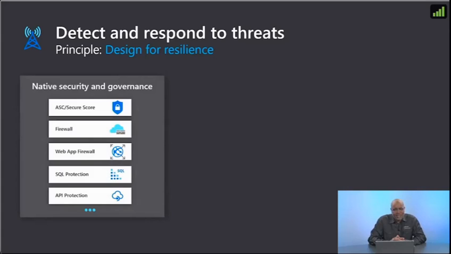So looking at native security and governance, the first thing we want to talk about here is the ASC Secure Score, the Azure Security Center Secure Score. Now, the Secure Score is a score that the Azure Security Center calculates for you, and it measures the level of risk of your workload or of your subscription, of your resources.